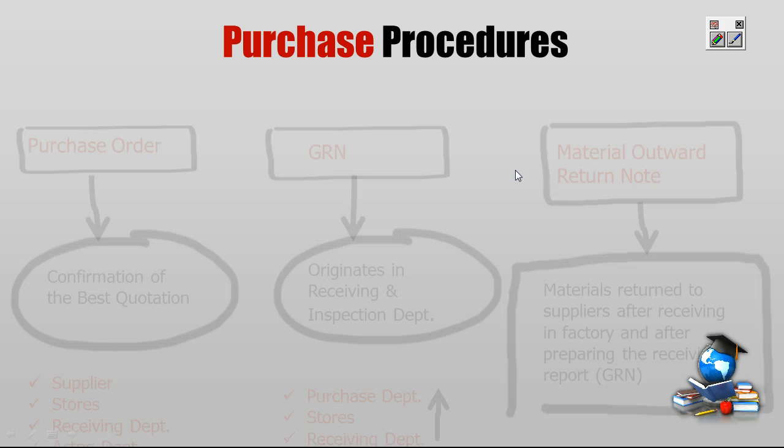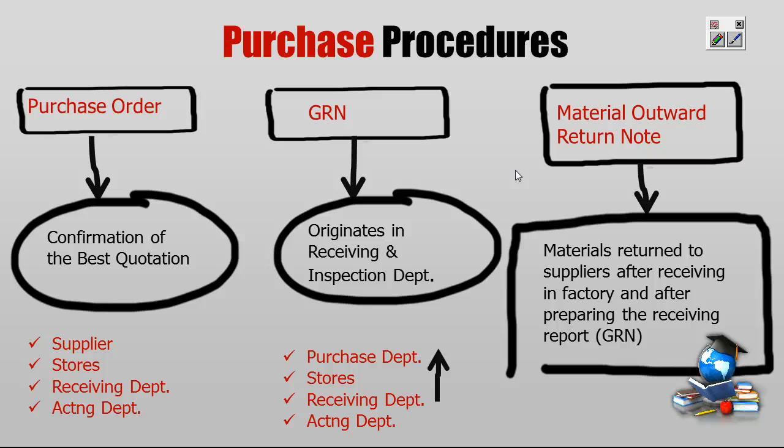Now let's look in detail at the purchase procedures. Let's take up one by one. First, what is a purchase procedure? It is a confirmation of the best quotation. Out of the 3 quotations I told you, one quotation will be selected based on quality at a comfortable price, not at a very low price, but at a comfortable price, and the purchase order will be raised.